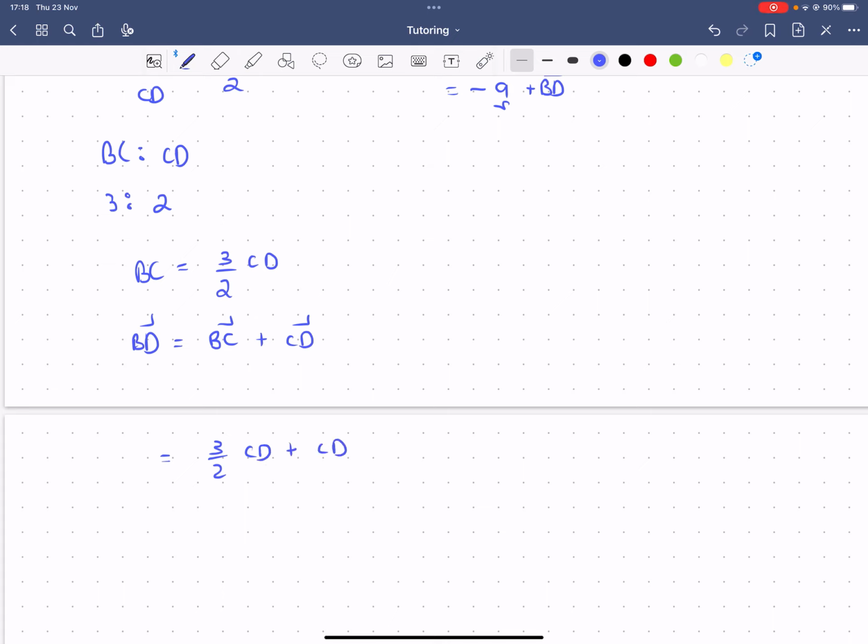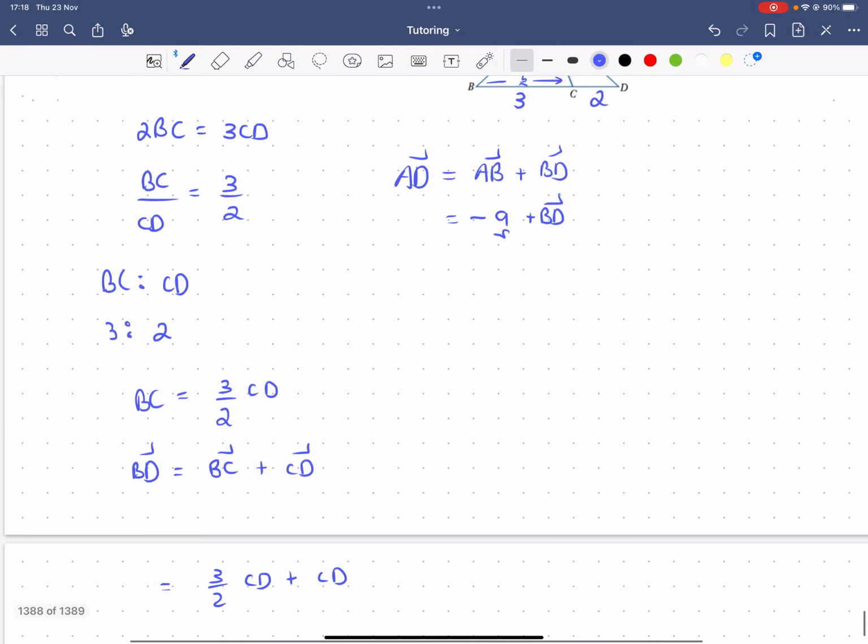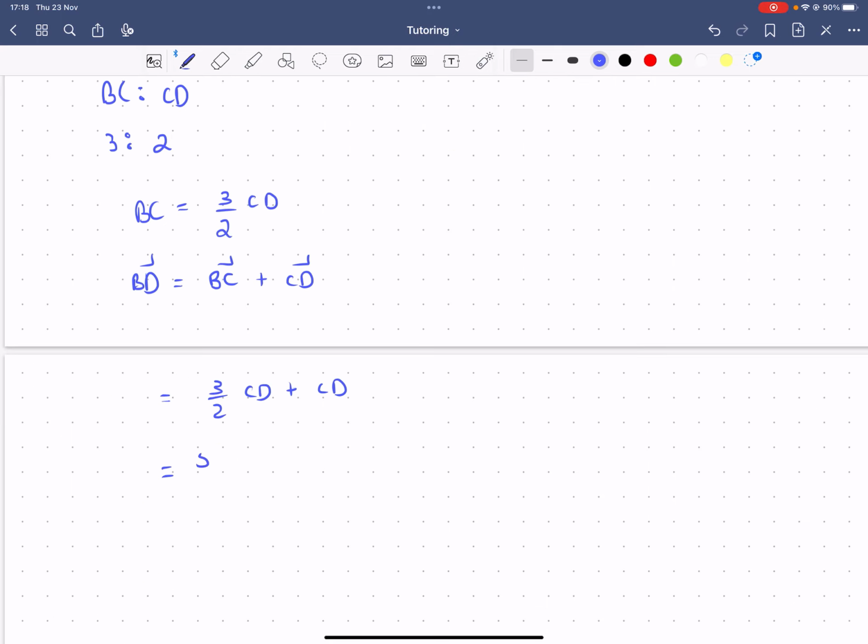Now 3 on 2 plus 1 is 5 on 2. So BD is 5 on 2 CD.